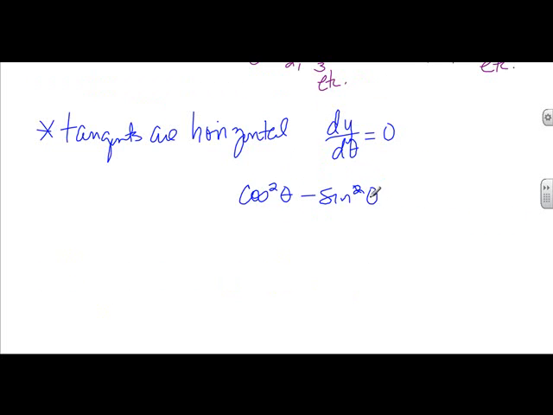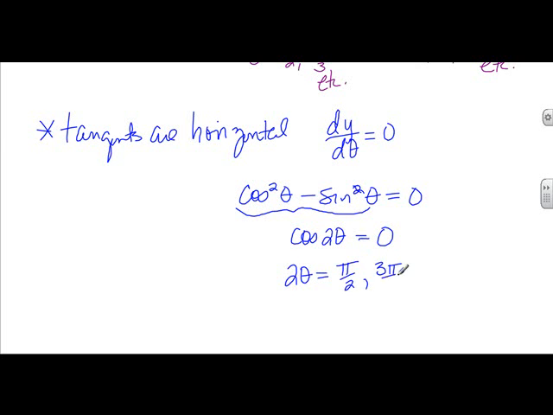Now to finish this, it's helpful to recognize that that is one of the identities for the cosine of 2 theta. So thinking about cosine of 2 theta equal to 0, then 2 theta would be pi over 2, 3 pi over 2, 5 pi over 2, and 7 pi over 2.